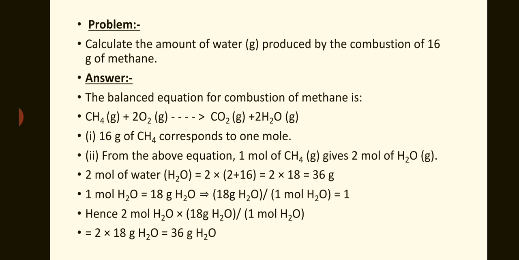So 2 moles of water H2O is equivalent to 36 gram of water. So the amount of water in the form of gas produced by the combustion of 16 gram of methane gas is equal to 36 gram H2O.